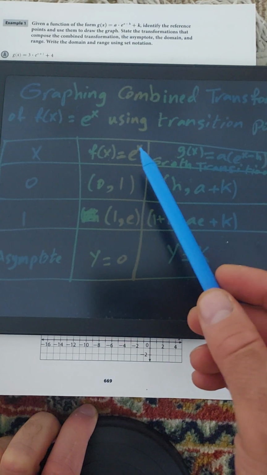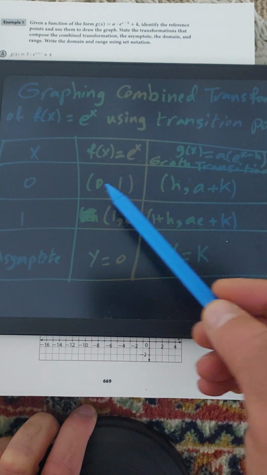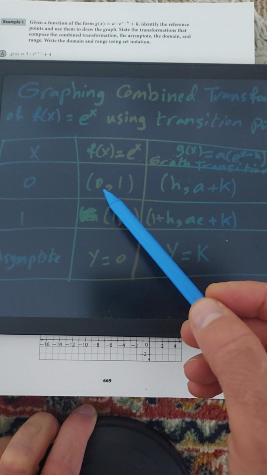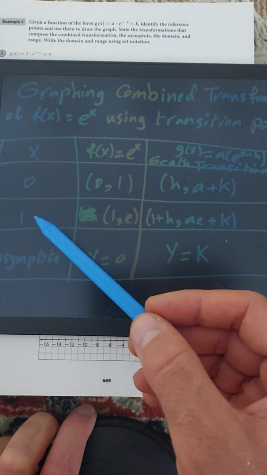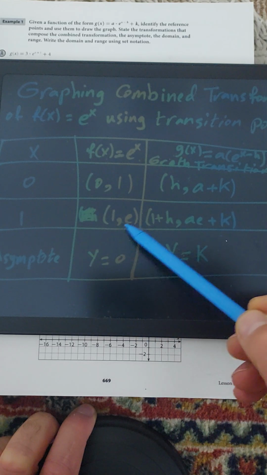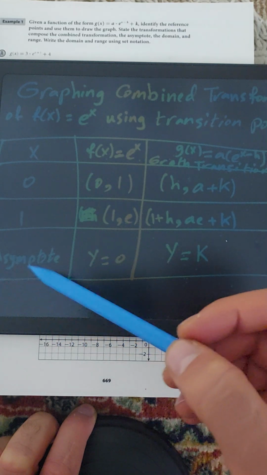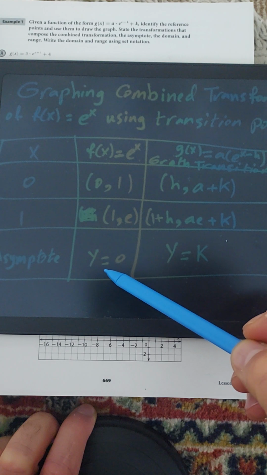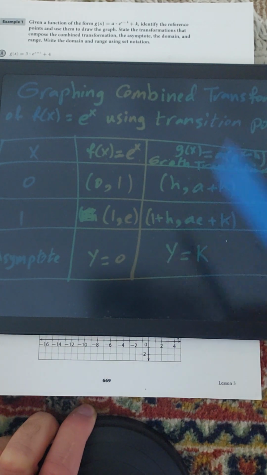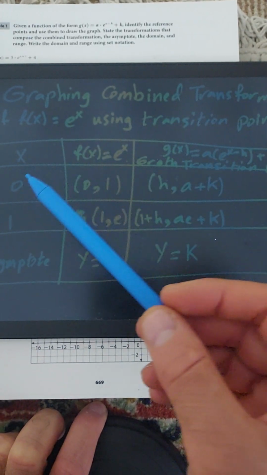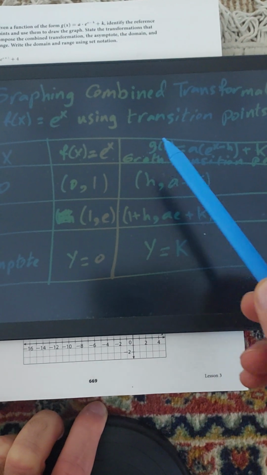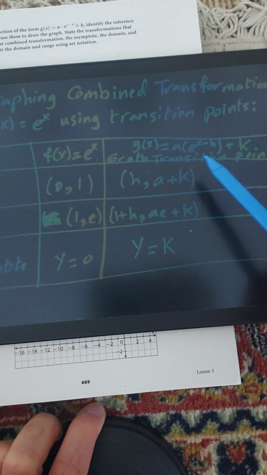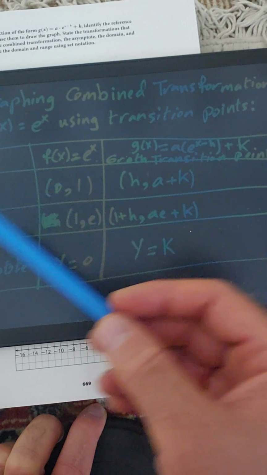So for the parent function, when x is 0, the point will be (0, 1). And when x equals 1, that will be (1, e). The asymptote for the parent function is y equals 0. Now, for the combined transformation, these will always be growth transformation points.